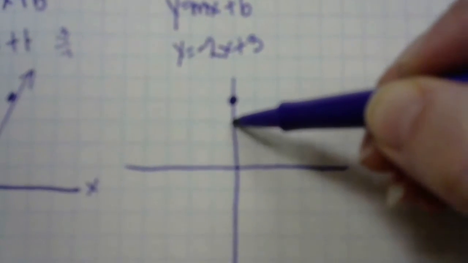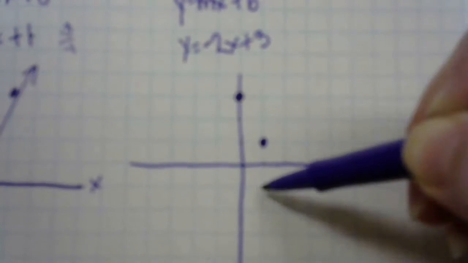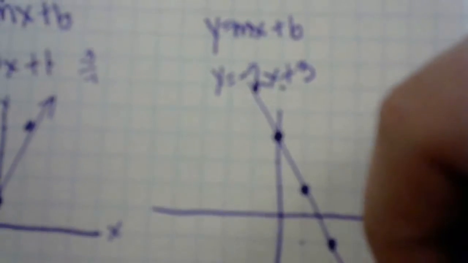So I could go down 2 to the right 1. Down 2 to the right 1. Or I could go up 2 and then to the left 1. And that would make my linear equation. Okay? So all you got to be able to do is identify the y-intercept and then the slope. Okay.